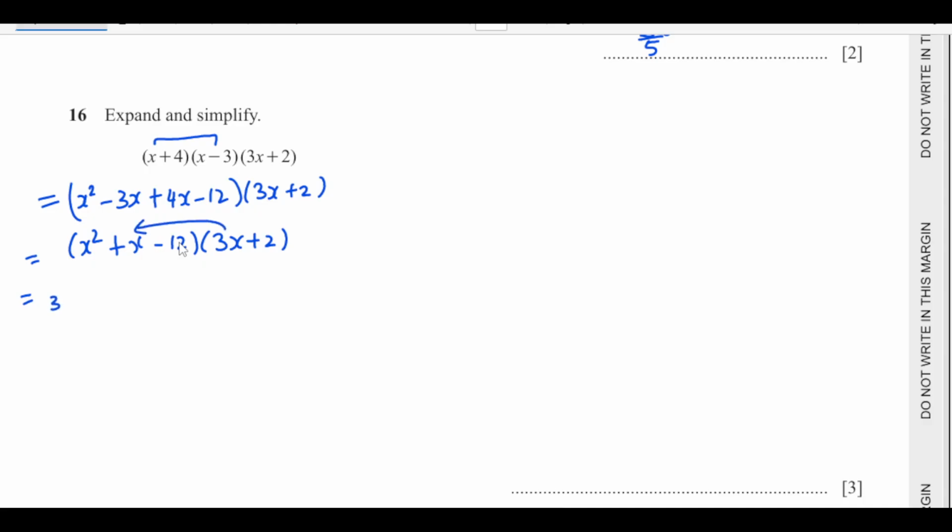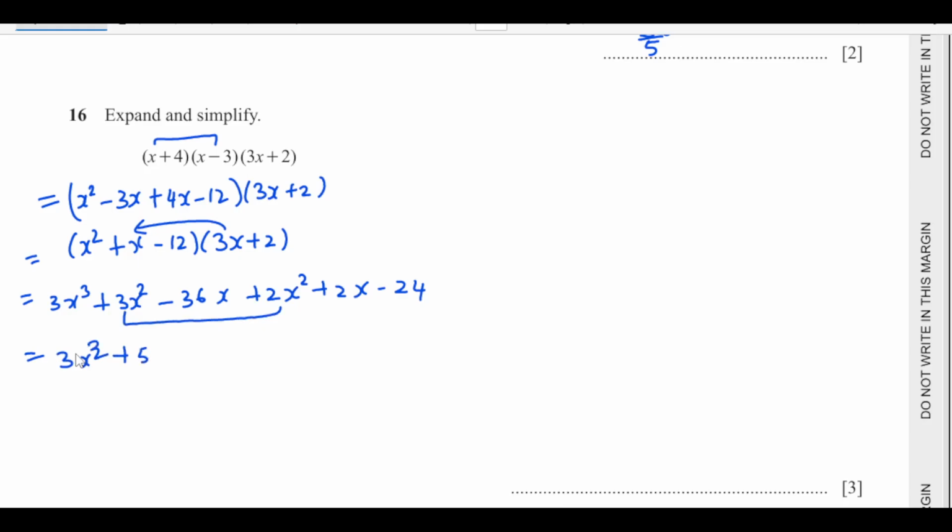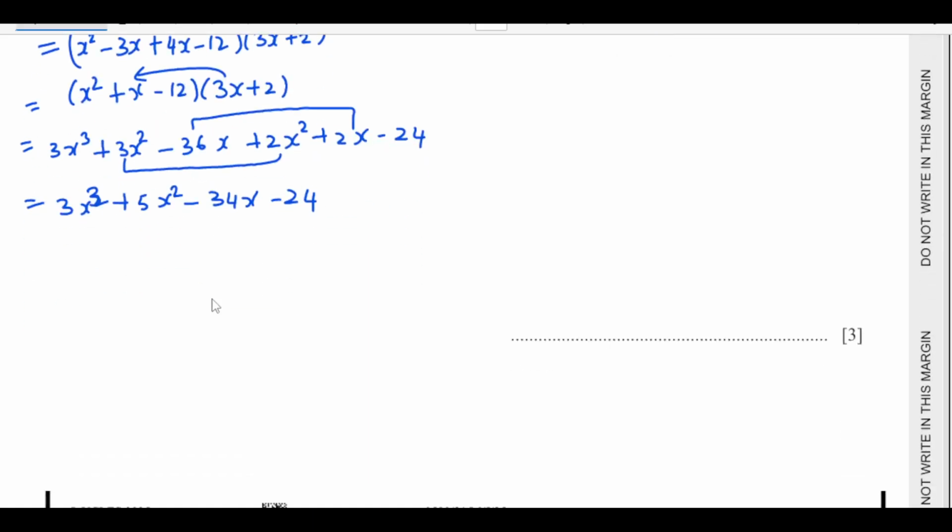So 3x cubed plus 3x squared plus 36x, then by 2 plus 2x squared plus 2x minus 24. Now combine the like terms. We have 3x cubed here, then 3x squared and 2x squared, this is plus 5x squared, and then we have 36x and 2x, it's 38x minus 24. Okay, so then this is our answer.